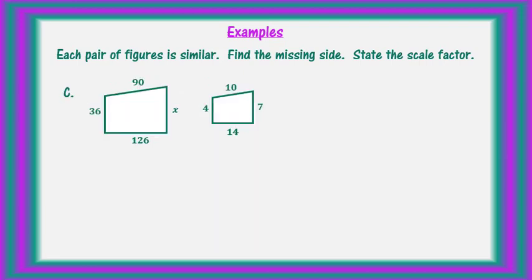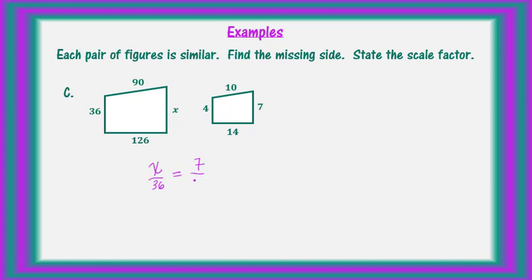For our last example, you should notice that every single measurement in either of the two figures is labeled. But in order to get the missing side, we only need to determine it based off of one ratio. So I'm going to choose the smaller numbers to work with. So I have x divided by 36 equals corresponding side to x is 7.